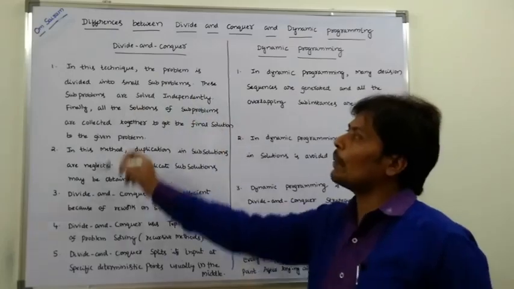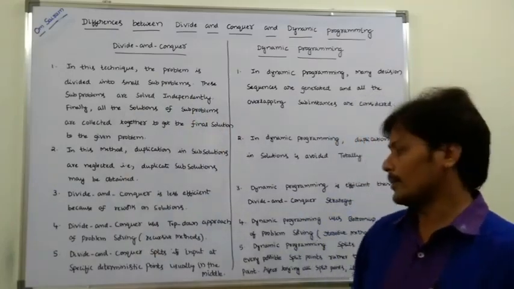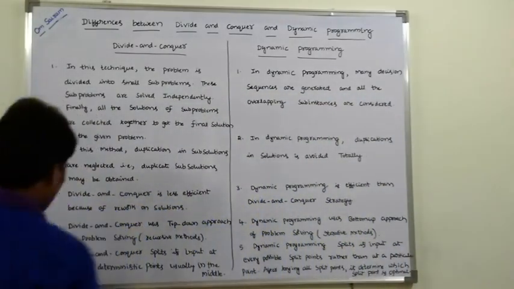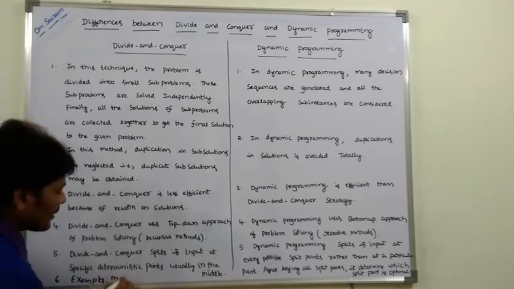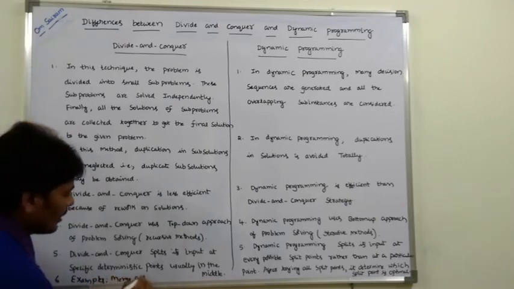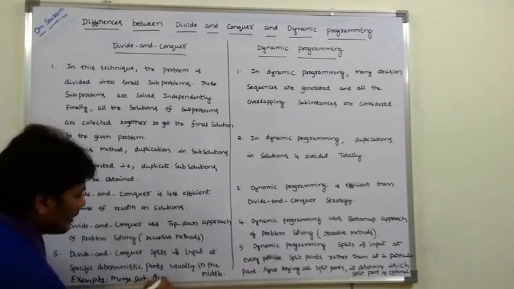Last point, what are the applications of divide and conquer? This is the sixth point, examples. Examples of divide and conquer are merge sort, quick sort, and binary search.